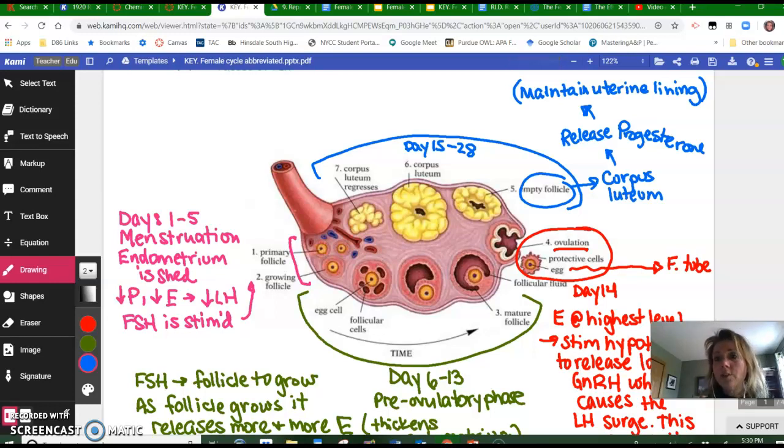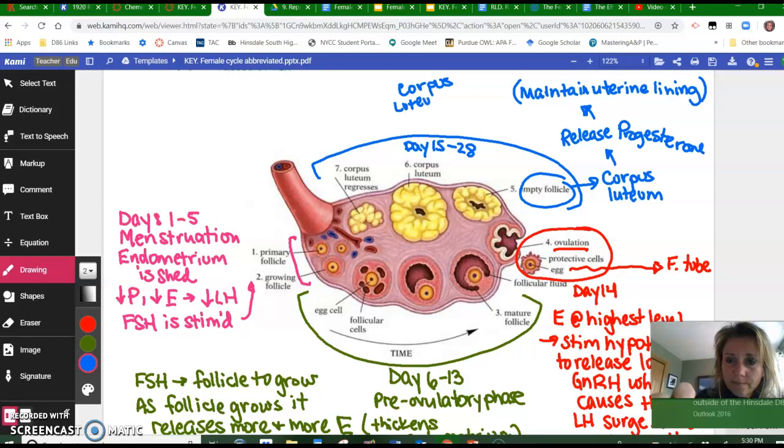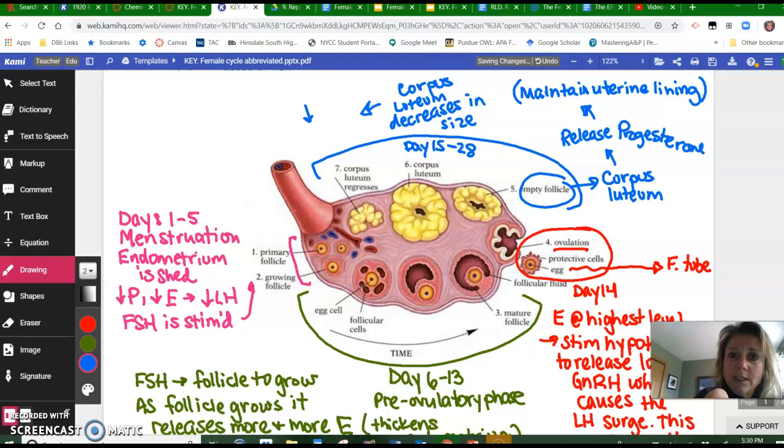But if fertilization does not happen, then what's happening is that the corpus luteum is going to diminish. It's going to decrease in size. And when it decreases in size, that means that it's going to decrease the amount of progesterone.